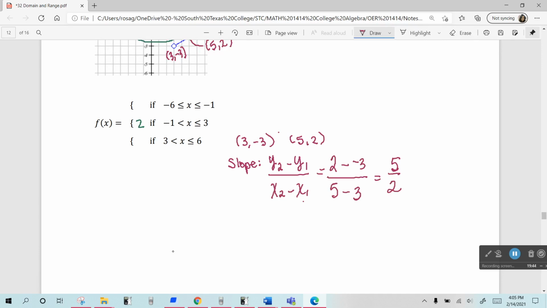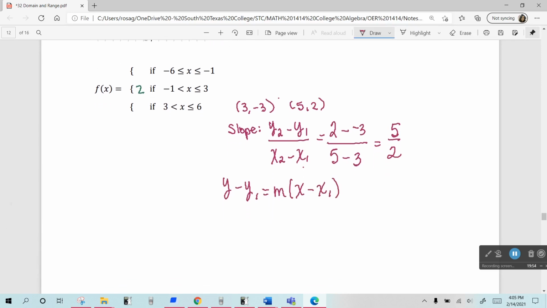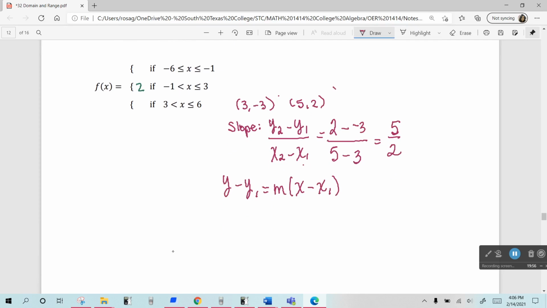And then we can use the point-slope formula. I'm just going to pick this point to use. y minus 2 equals my slope, which is 5/2, times x minus my x, which is 5.